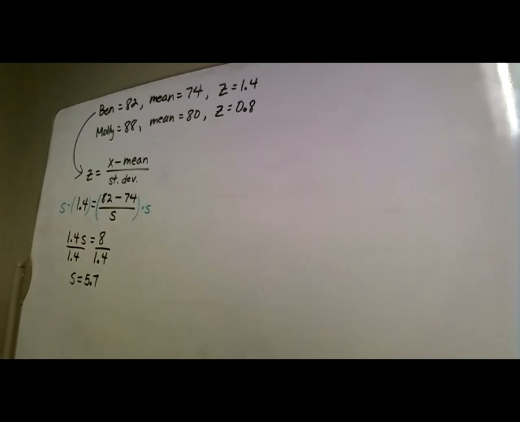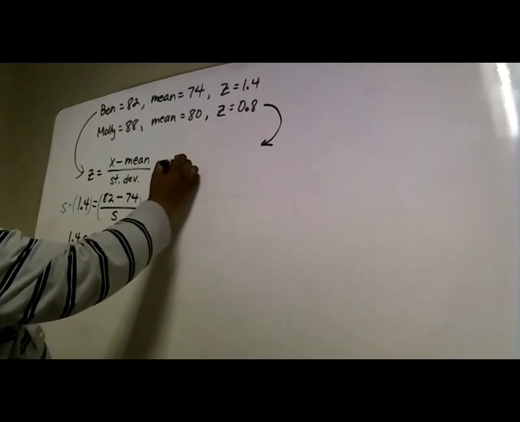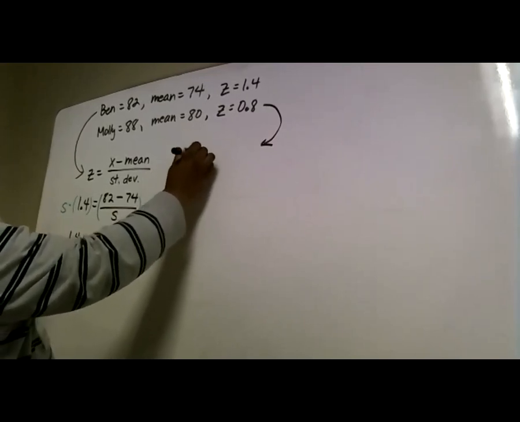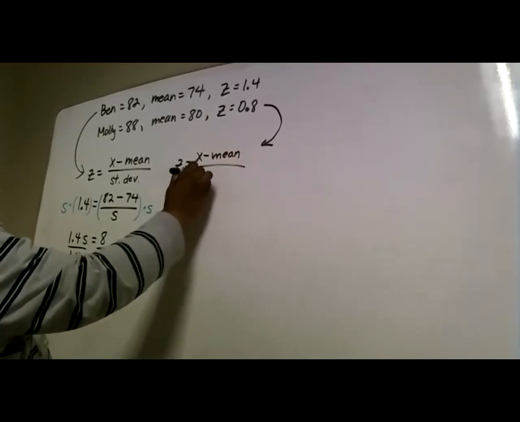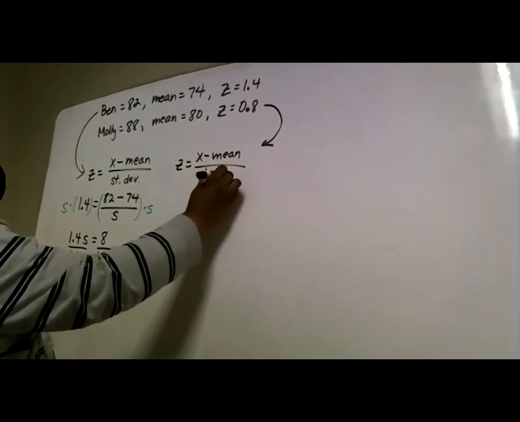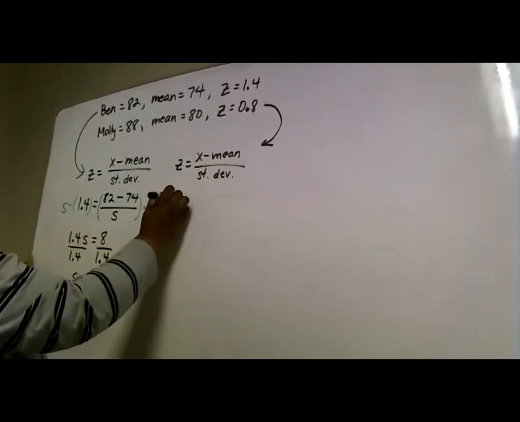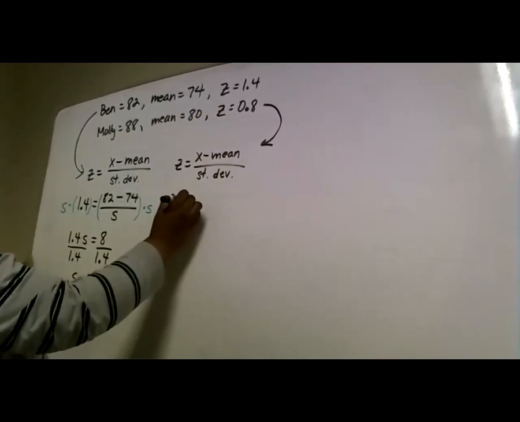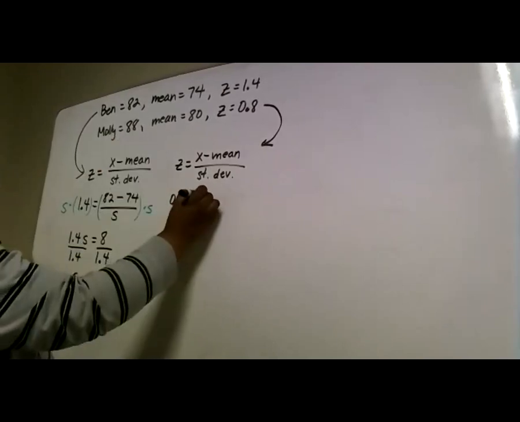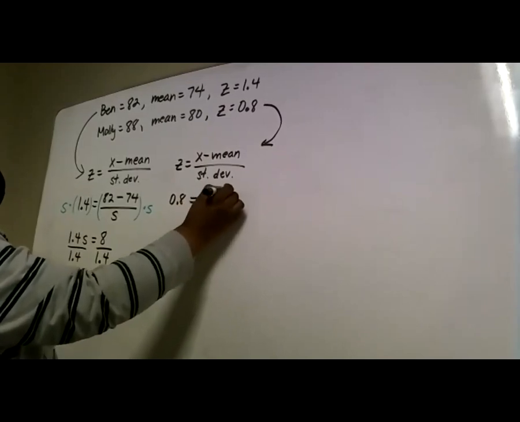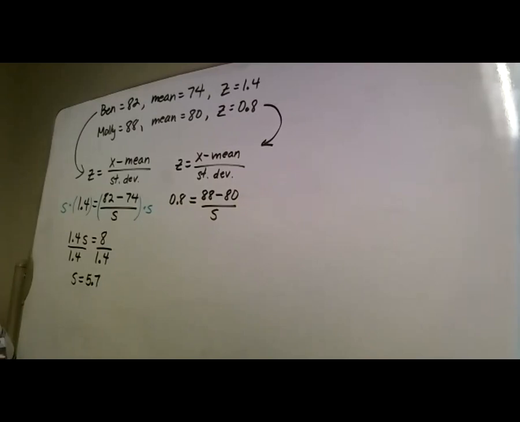Now for Molly, we're going to find out what that standard deviation is, using that same z formula. Her z-score was 0.8. It's equal to x, that's the test score, 88, minus a mean of 80, divided by S, again the standard deviation.